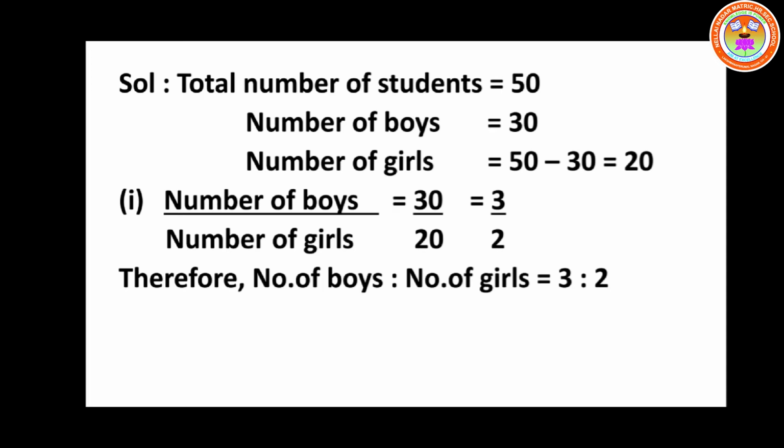It's our wish. Now this is very easy. You just cancel the 0 and 0 from the numerator and denominator, and 1 by 10 you cancel it. So the balance is 3 divided by 2. So therefore number of boys to number of girls is equal to 3 is to 2. Okay, so the ratio between the number of boys and the number of girls is 3 is to 2.